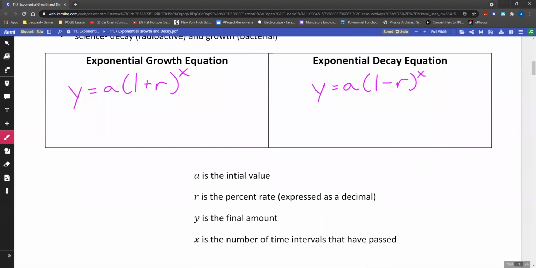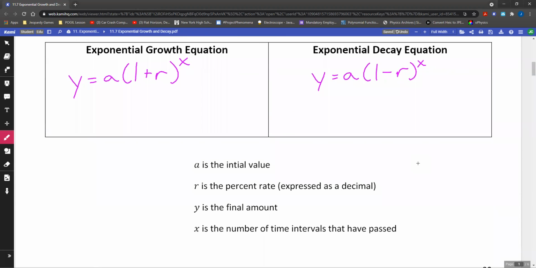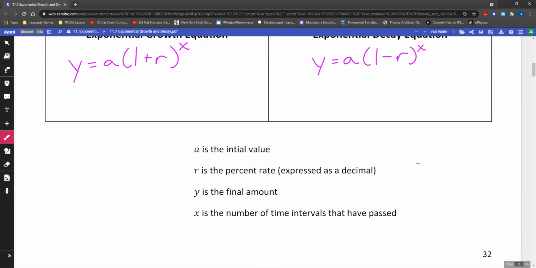And again, A is our initial value, R is the percent rate expressed as a decimal, Y is the final amount, and X is the number of time intervals that pass. So if we're doing this based off of the number of years, X would be the number of years since it passed. If it was the number of months, we'd have to make sure it's the number of months.